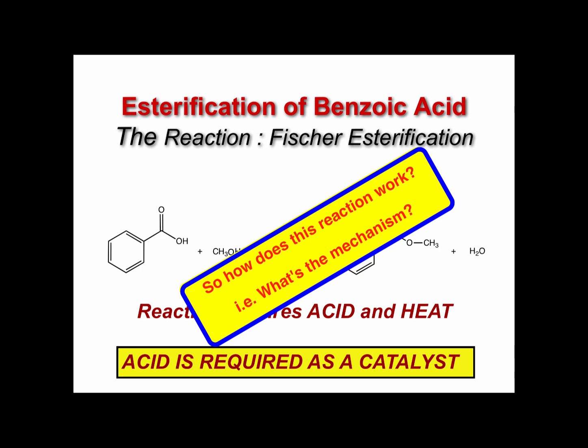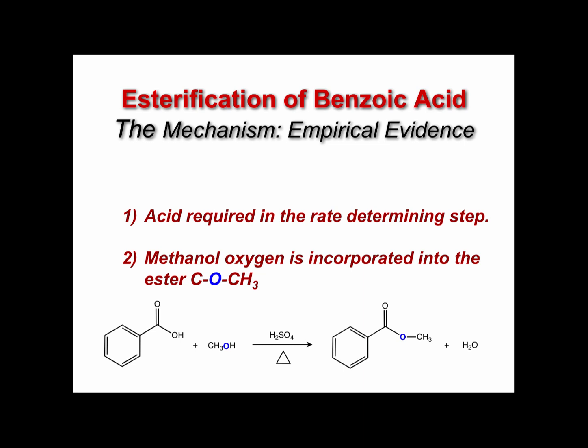So knowing that we need an acid catalyst, how do we think this reaction works? What's the mechanism? If we look at some of the empirical evidence from the people that studied this reaction, there were a couple of things they knew. Since the acid catalyst was required for the reaction to proceed, they knew the acid was required in the rate determining step.